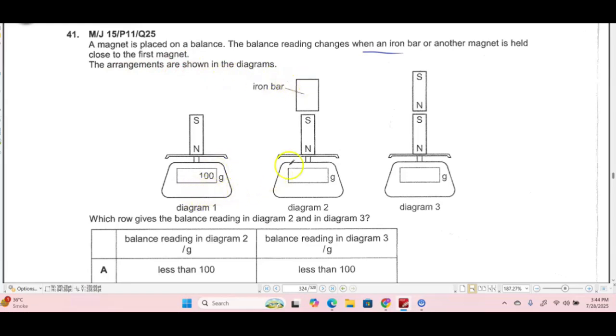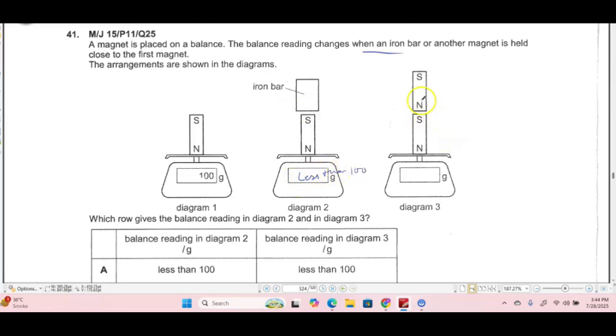Okay, this was 100 grams. And when an iron bar is moved near it, it is going to attract, so the reading over here is going to be less than 100.